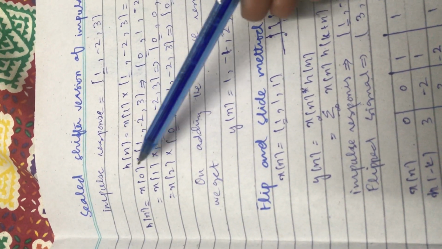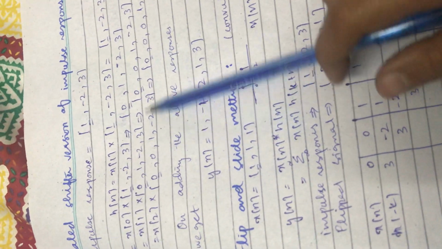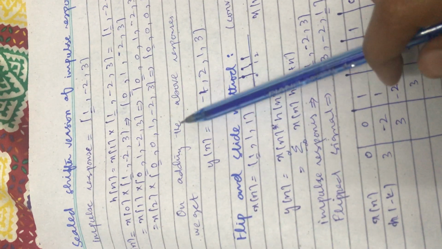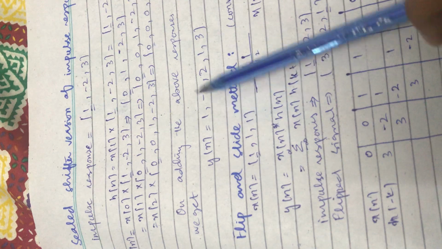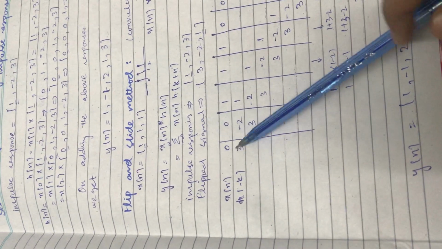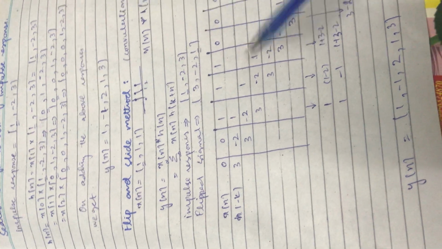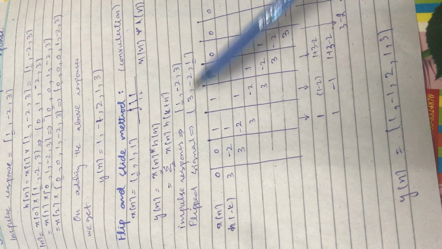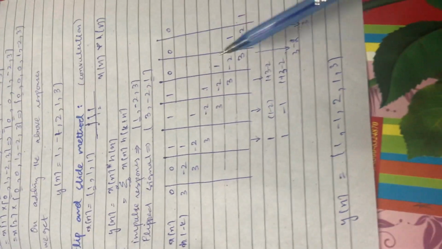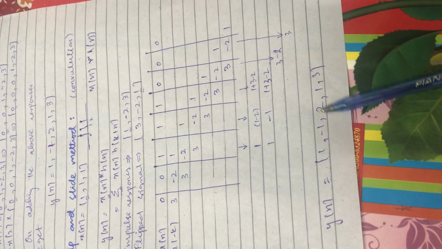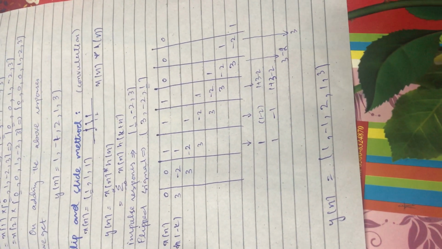We multiply with x of 0, 1 and 2, and on adding the above responses we'll get 1, minus 1, 2, 1, 3. By using the third method, which is the flip and slide method, we have this signal, and on using this method we again get 1, minus 1, 2, 1 and 3.